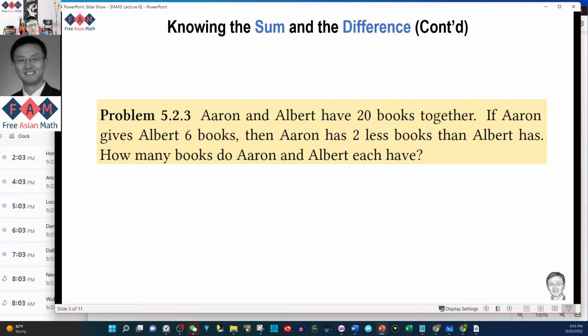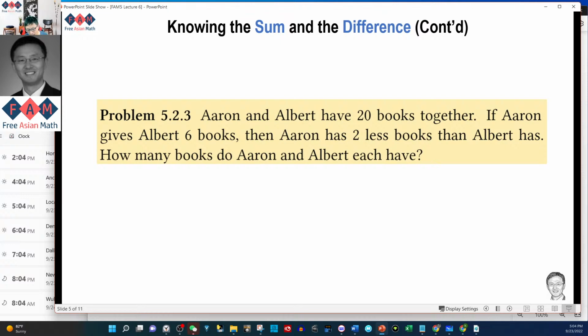In that case, what's the difference between the two? Now you have to think about Albert giving back 6 books to Aaron. So Albert will have 6 books less and Aaron will have 6 books more than the current situation. The current situation is that Aaron has 2 books less than Albert. So with this reasoning back, Aaron will have 6 plus 6, then subtract 2, right?